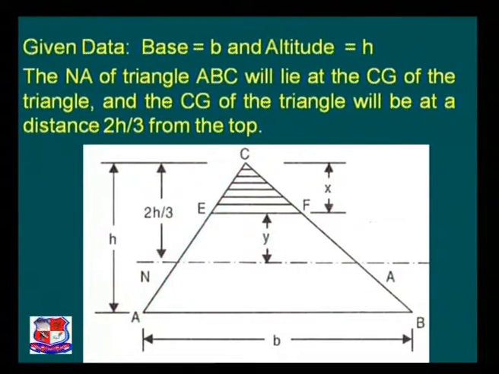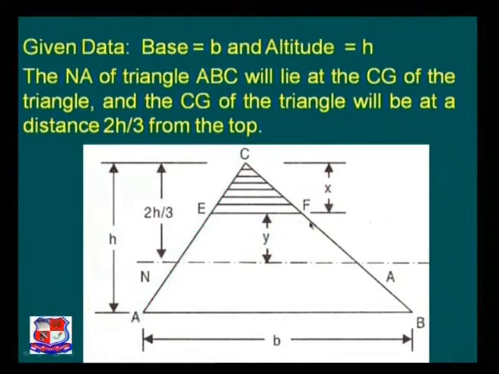We want to derive an equation. To derive an equation, let us take a single simple strip EF at distance y from the neutral axis, and our intention is to find out the variation of shear stress at this layer EF.